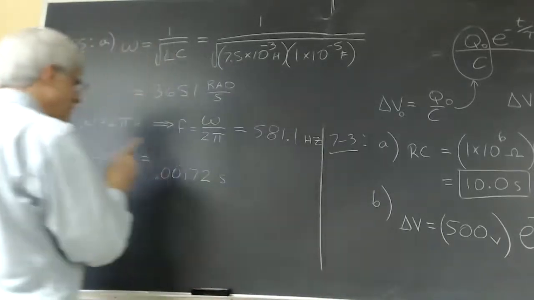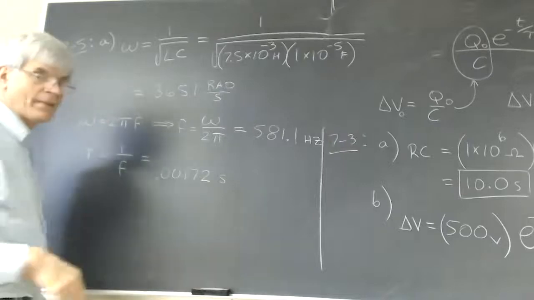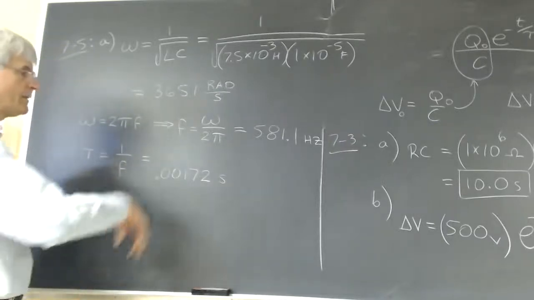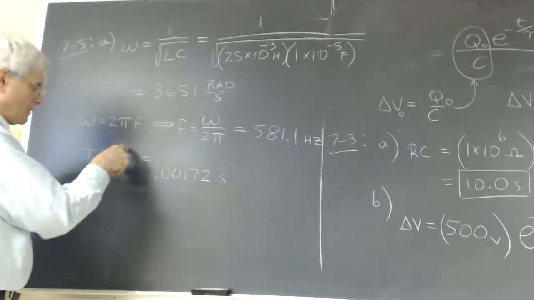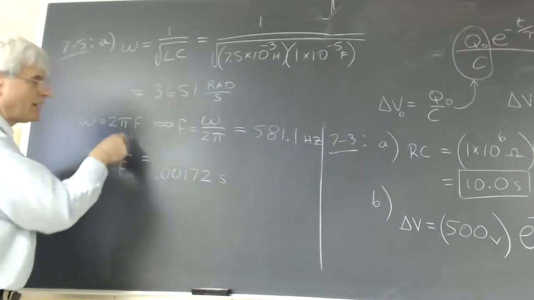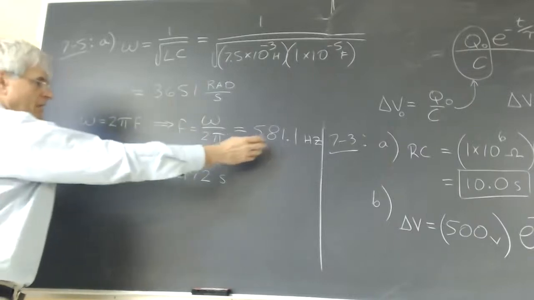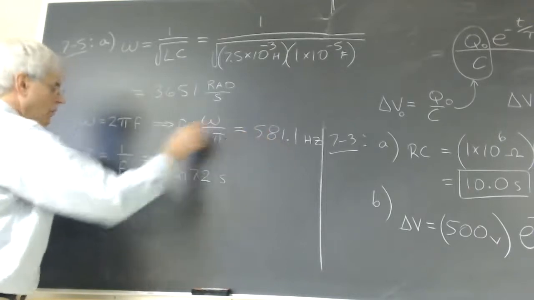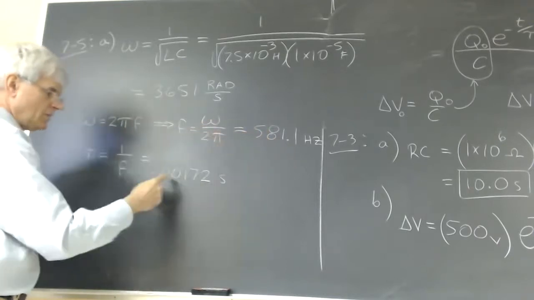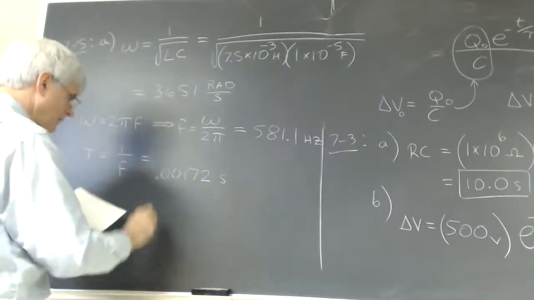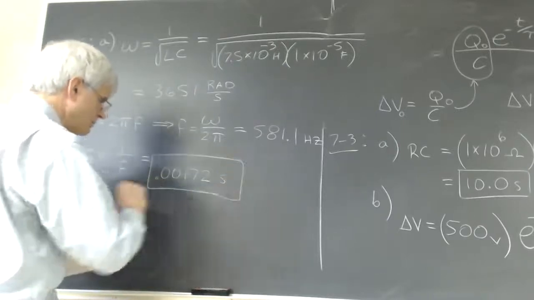That's what you get after you divide. Guess I must have zoned out for a moment there. It's 1 divided by 581. I got the frequency here, 1 divided by 581 is this number here, and that's the answer. And so I should put a box around it.